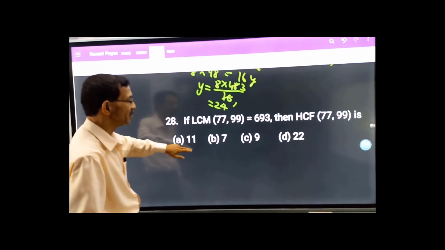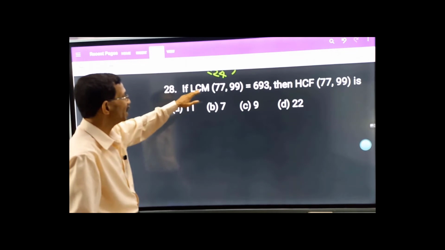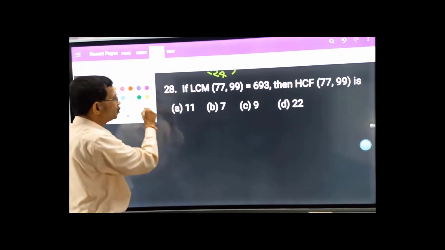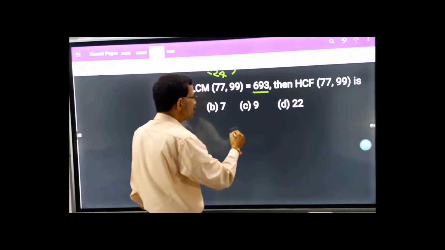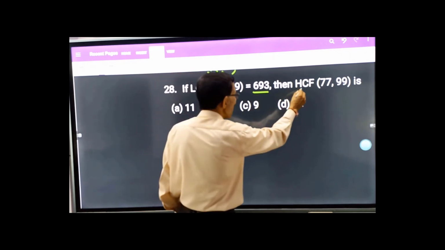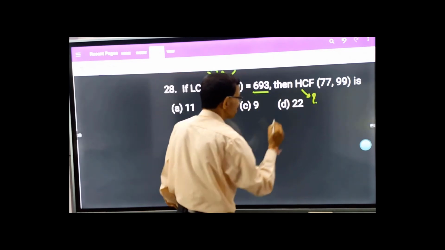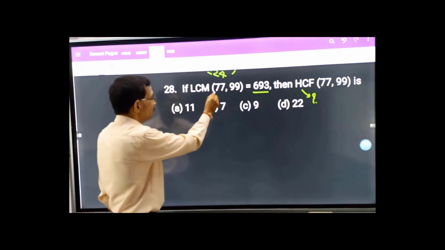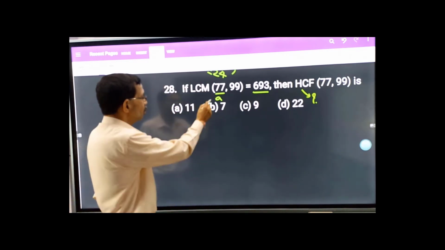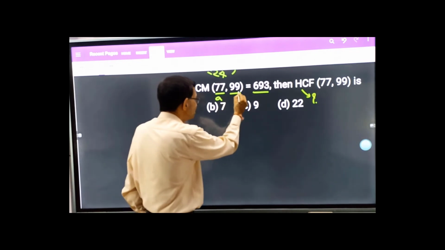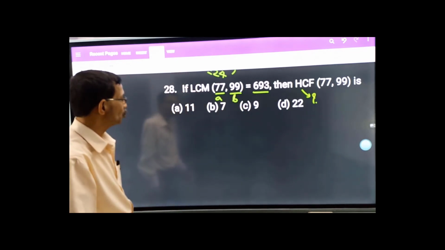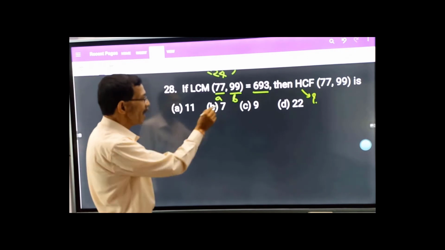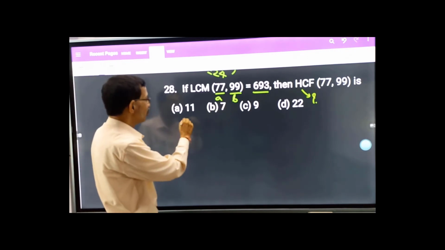The next question is like this. Here again LCM is given, and you are asked to find the HCF. So this is A and this is B. Let us write the formula and try to find out the HCF.